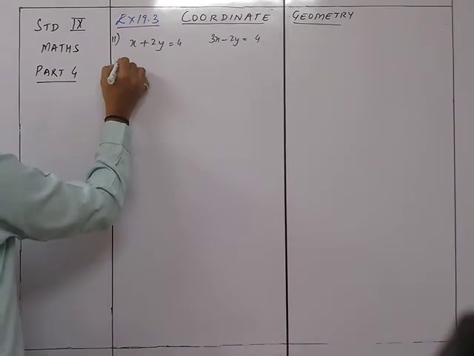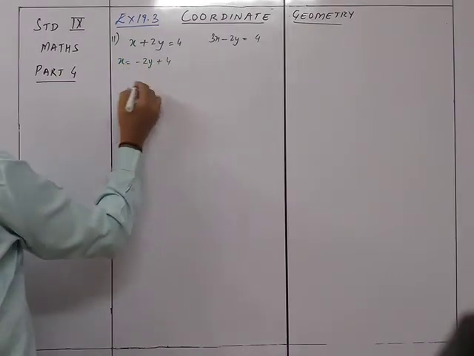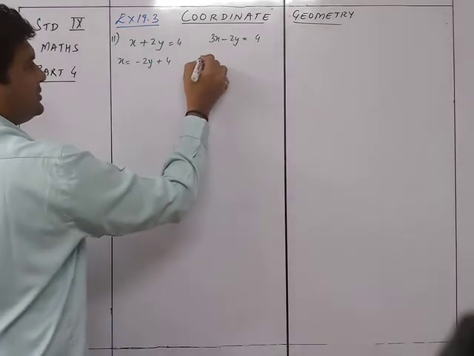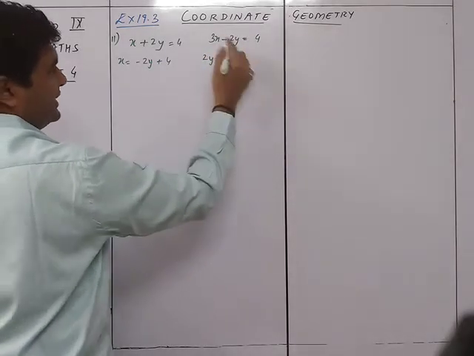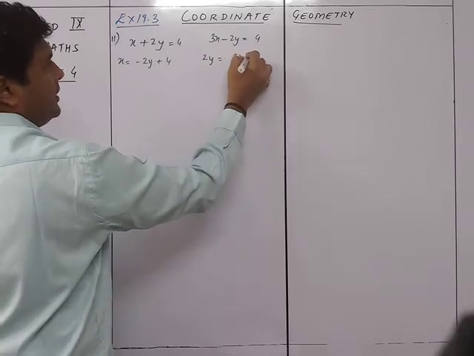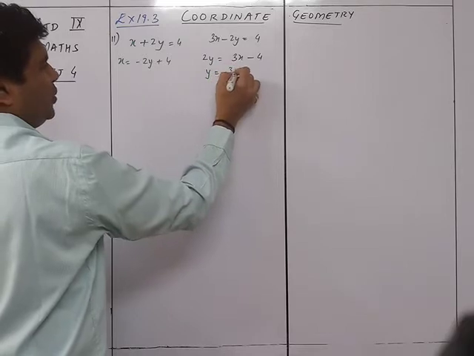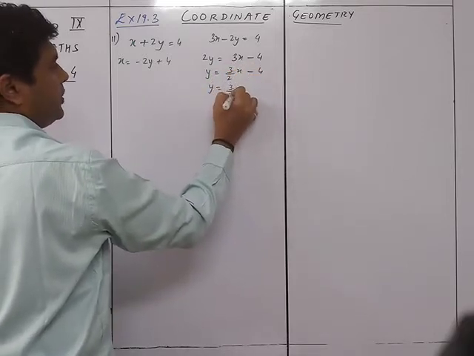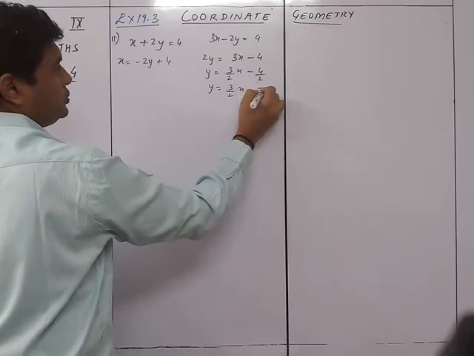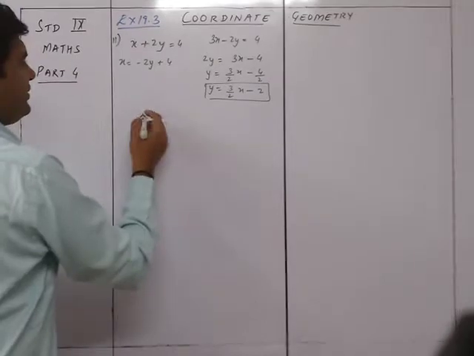So you have over here x is equal to minus 2y plus 4, and over here you'll be taking 2y is equal to 3x minus 4. So y is equal to 3 upon 2 x minus 2. So these are the two equations.